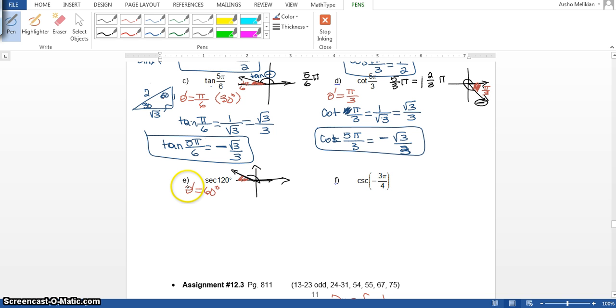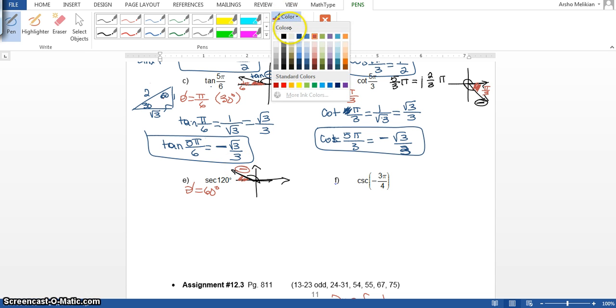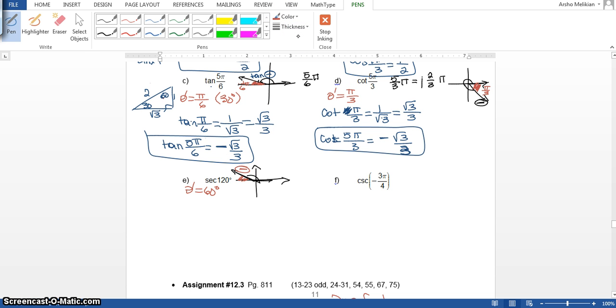Now what about the sign? Secant applies to cosine. Is cosine positive or negative in this quadrant? Negative. It's All Students, right? Sine is positive, cosine is negative, meaning secant is also negative. Now, secant of 120 is the same as secant of 60 degrees.